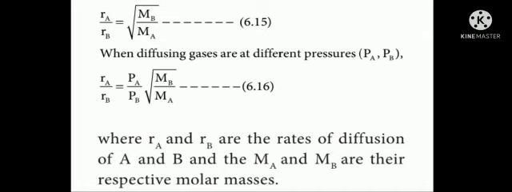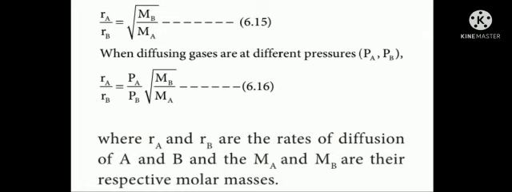Divide Ra by Rb. We will get Ra divided by Rb is equal to square root of Mb divided by Ma. It is given in equation 6.15.